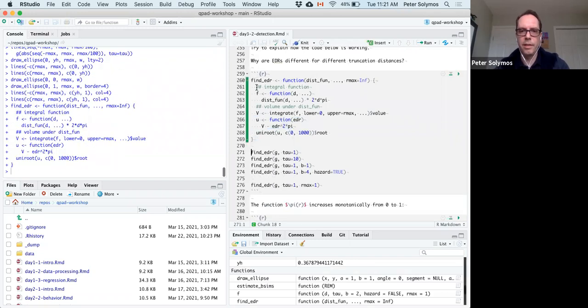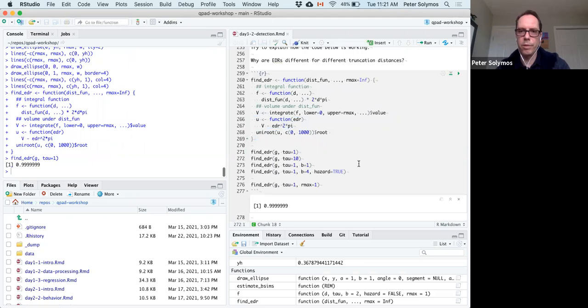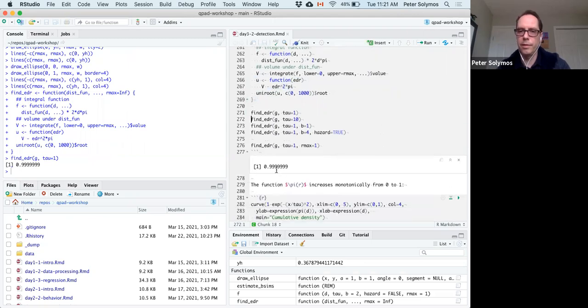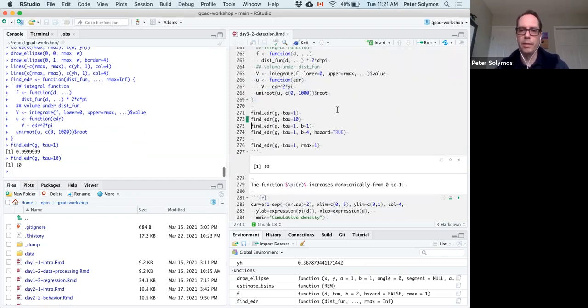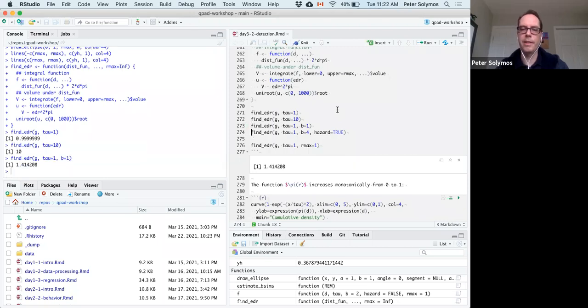Let's see. Find EDR for tau equal 1. There's some numerical precision difference, but this is still pretty close. Tau 10, we're supposed to get 10. Tau 1, b equals 1. This is the negative exponential. Now you see, this is not the same number as tau.